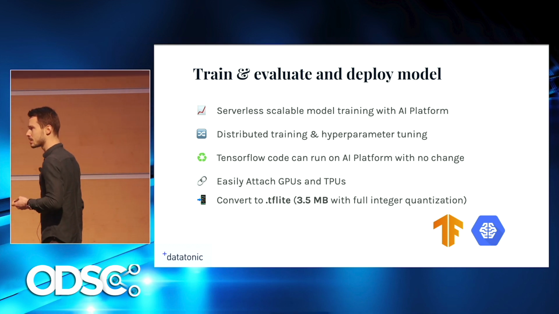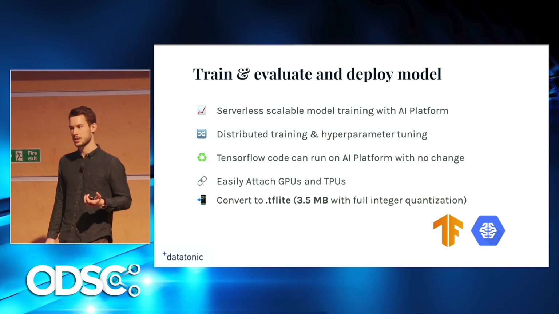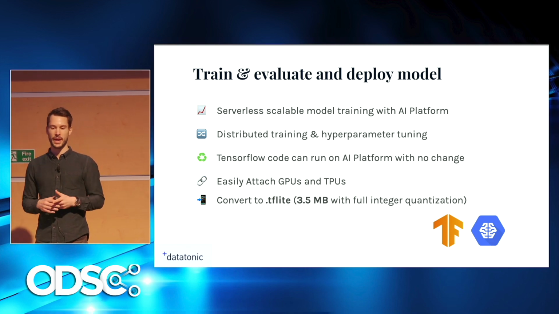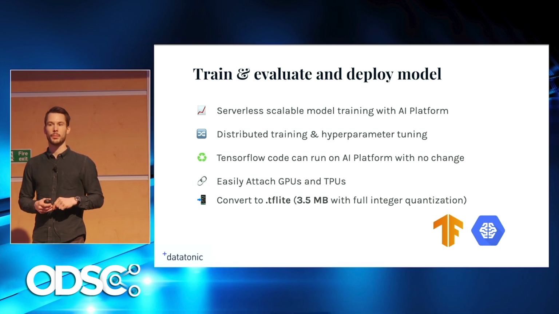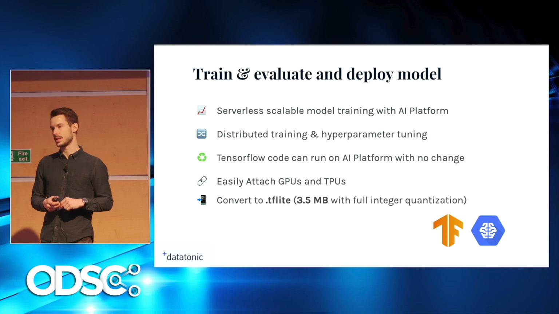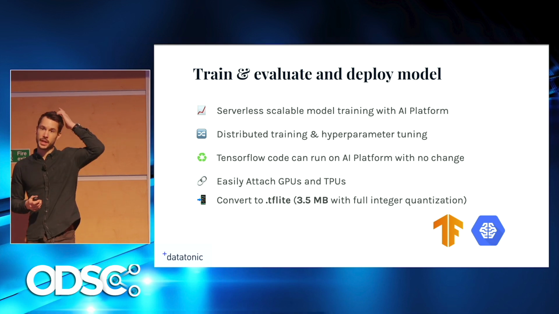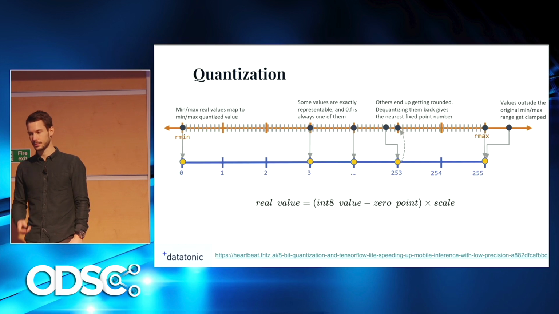And it allows some optimization to take place to really compress the model and make it as small as possible. So when we started with MobileNet, it's originally 14 megs, but we used full integer quantization to bring this down to a quarter of that size. And there are a few more tricks that TensorFlow optimization will do in TF Lite to really optimize this.